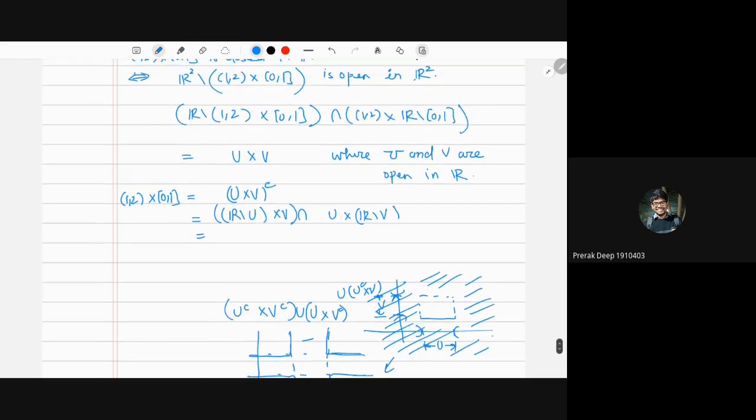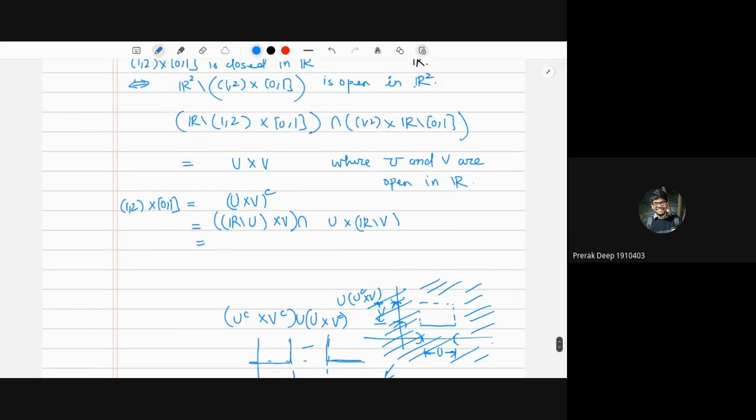Okay, so if I use this definition of openness, let's come back. Let me open up this whole part.